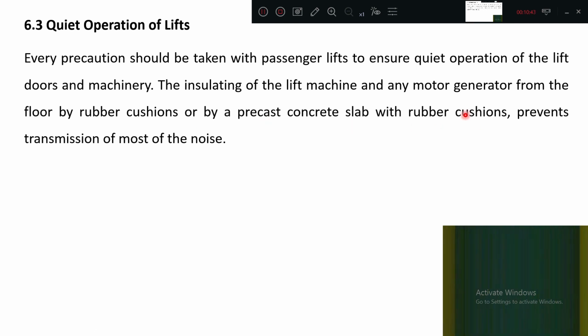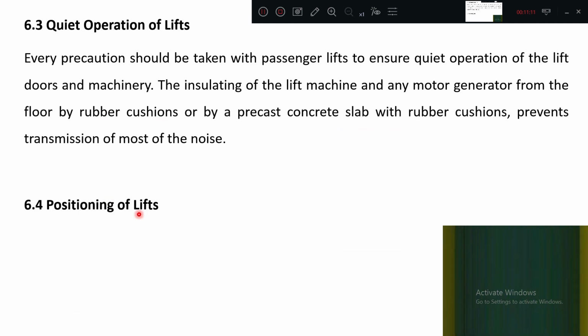During the movement of the cab, all the assemblies should be provided with a rubber cushion so that any sound produced is absorbed. Otherwise, it will create a disturbance to the users. That is why quiet operation of the lift is very, very important. It should not make any noise or transmit any noise. To avoid that transmission, we provide rubber cushions.